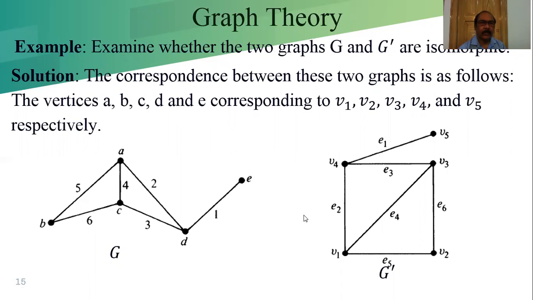The correspondence between these two graphs is as follows. The vertices A, B, C, D, and E correspond to V1, V2, V3, V4, and V5.